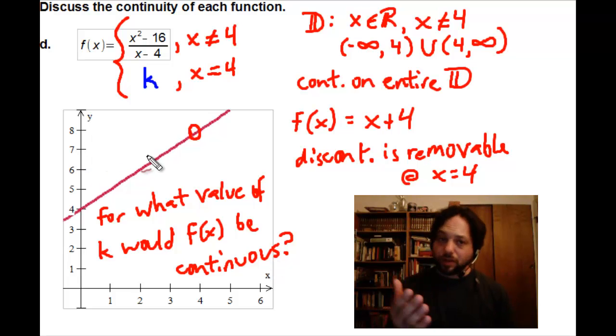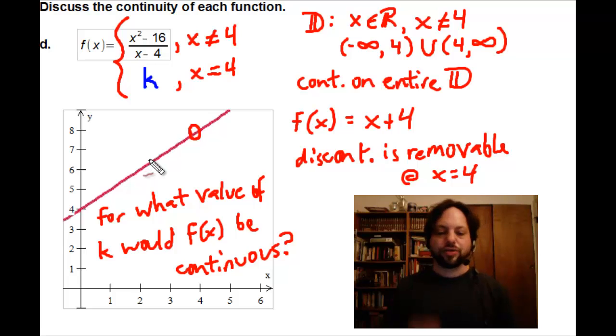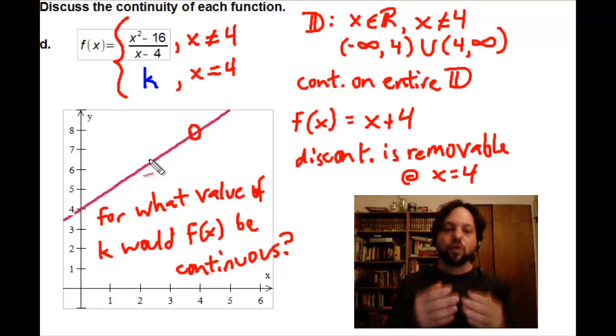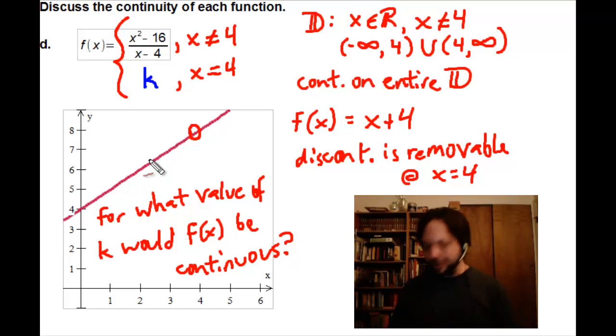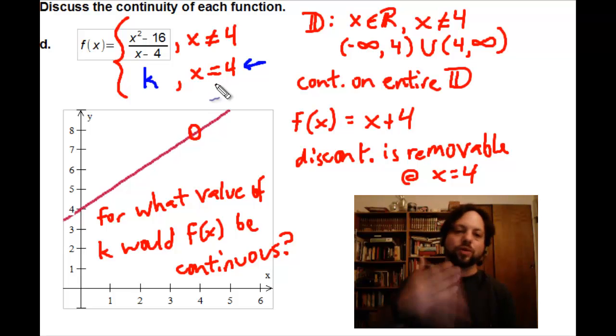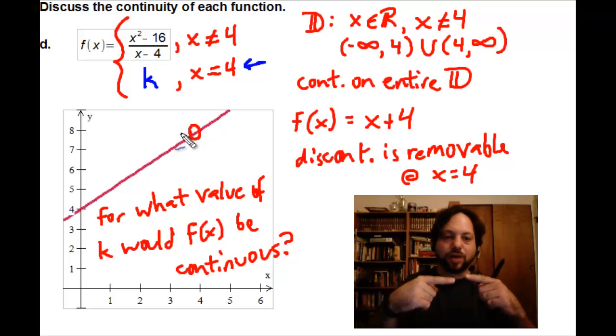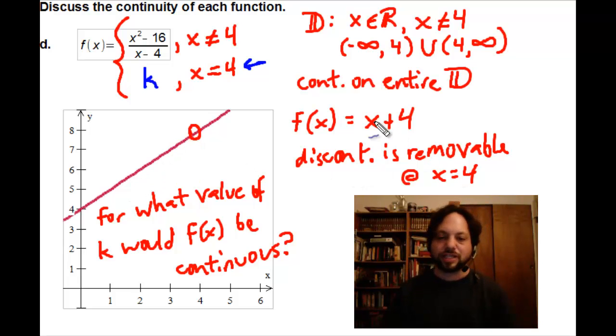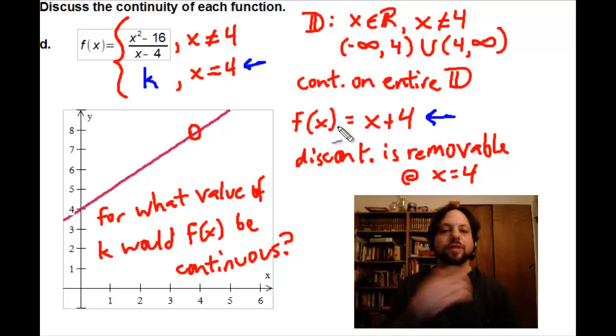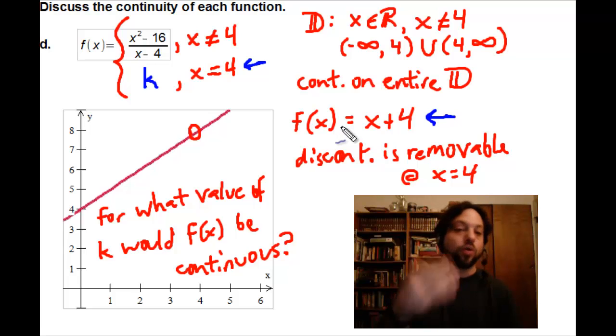Well, of course, following our 3 definitions of continuity, f of 4 would have to be defined, but that's no problem. We're defining it right here. When x equals 4, y will equal k, whatever that is. The limit has to exist. That means it has to be the same from the left and the right. So since our function essentially boils down to this, from the left at x equals 4, we'll get 8.